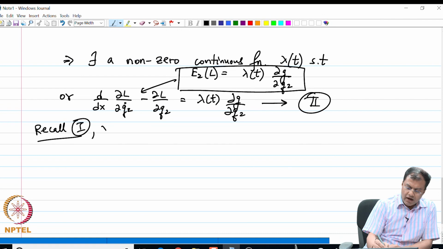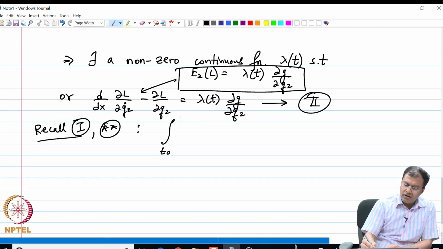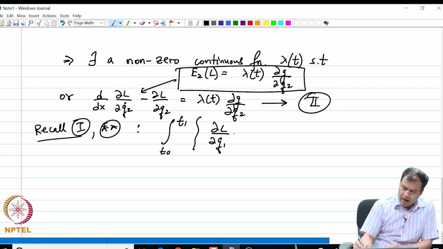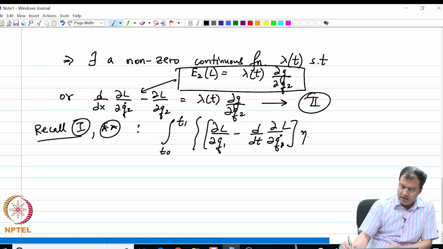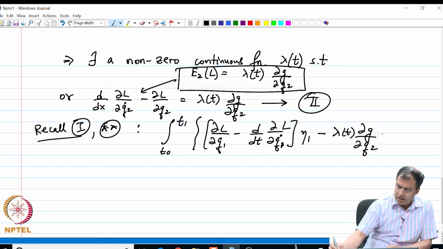So, recalling 1 and double star, I see that my integral constraint becomes the following: del L del q1 minus d dt of del L del q1 dot, times eta 1, minus lambda of t del g del q2 times eta 2.